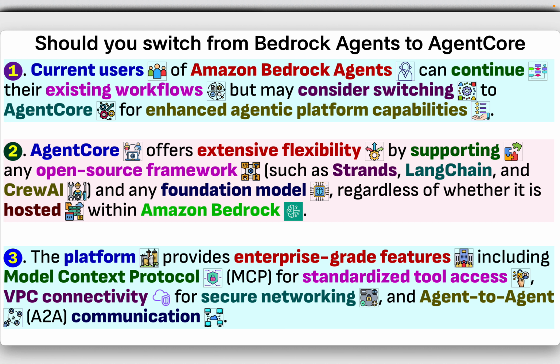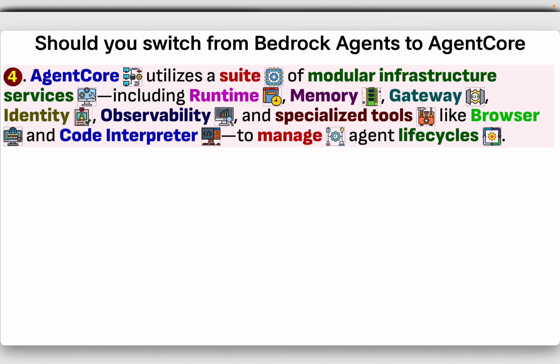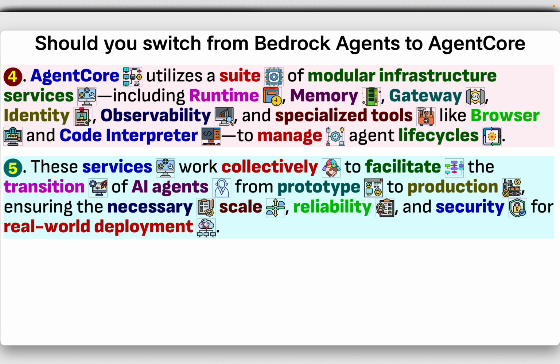The platform provides enterprise-grade features, including Model Context Protocol (MCP) for standardized tool access, VPC connectivity for secure networking, and agent-to-agent communication. AgentCore utilizes a suite of modular infrastructure services, including runtime, memory, gateway, identity, observability, and specialized tools like browser and code interpreter to manage agent lifecycles.